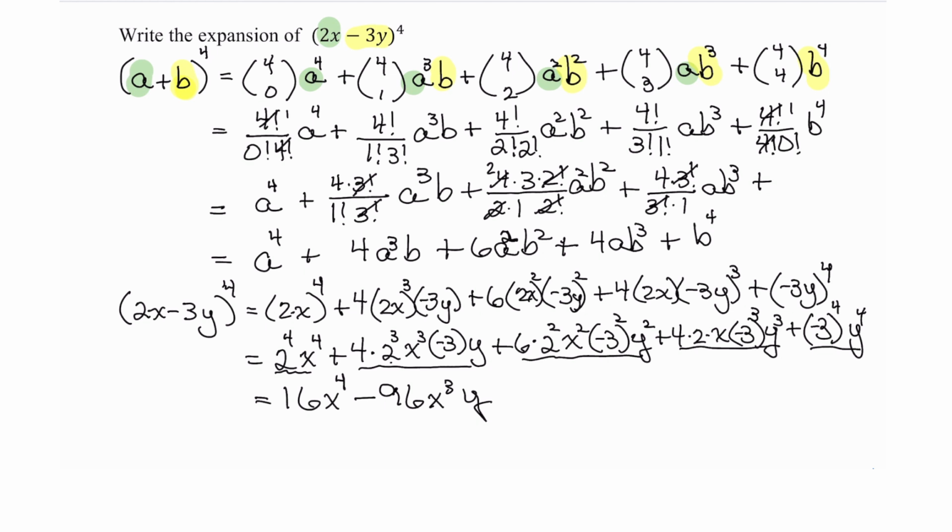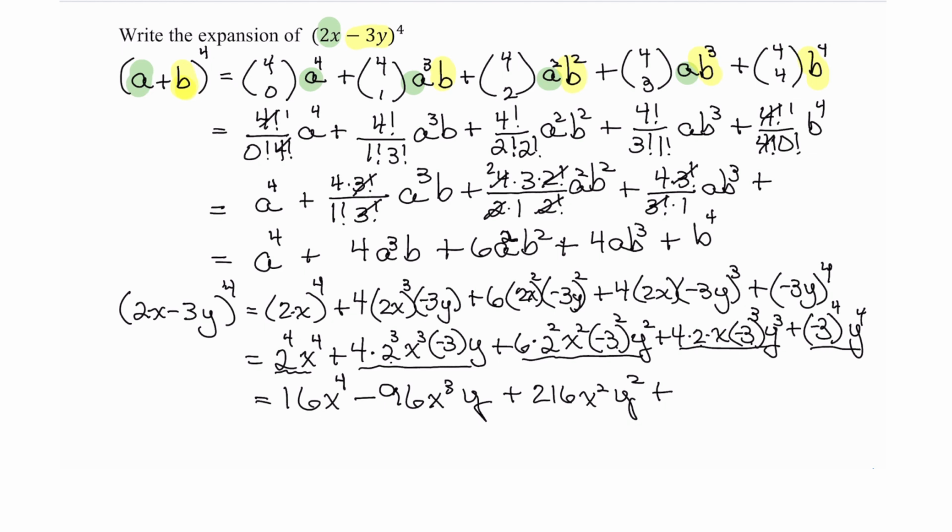And then in the next term, I have 6 times 2 to the second is 4. So I have 6 times 4 times negative 3 quantity, the second power is 9. So take 6 times 4 times 9, and I get plus 216 x squared y squared, and then plus 4 times 2 times negative 3 to the third power is a negative 27.